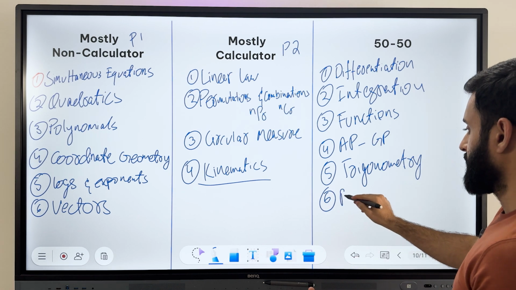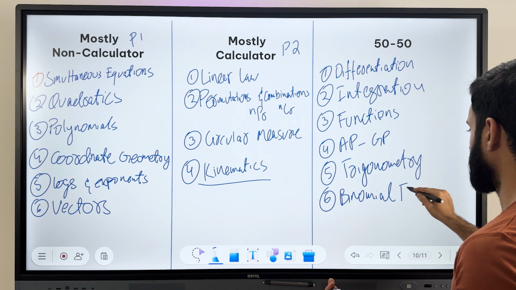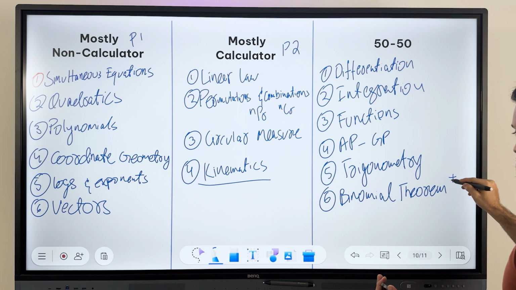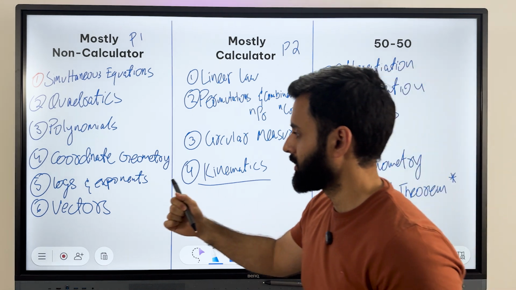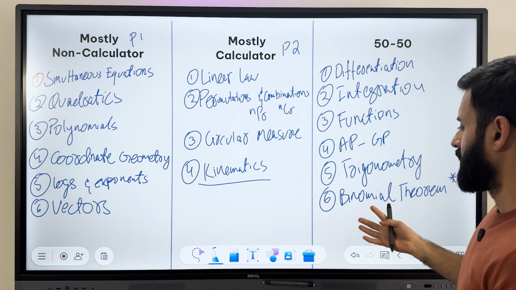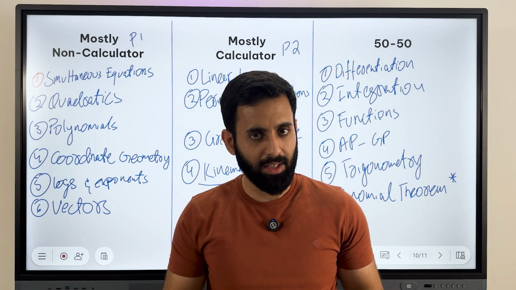Then last, and that is the binomial theorem. Although this is debatable, mostly this could be non-calculator, but I've noticed that in some cases the values are such that you absolutely need a calculator.